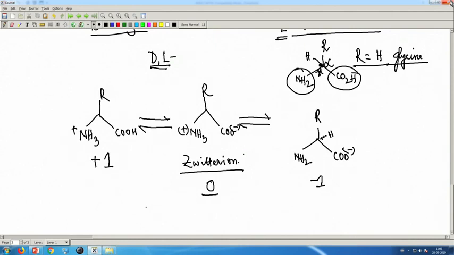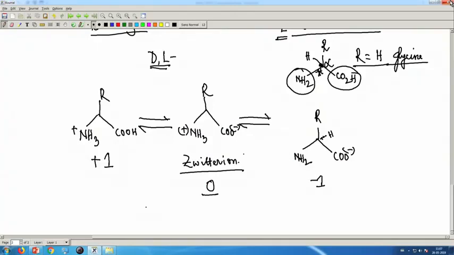Depending on whether it has a negative or positive charge, it will start moving in one direction or the other. But if it is present in the zwitterion form, it will not move, it will stay there.